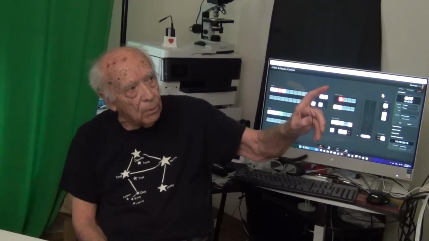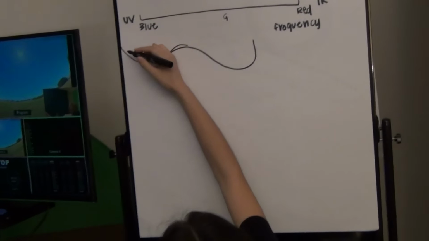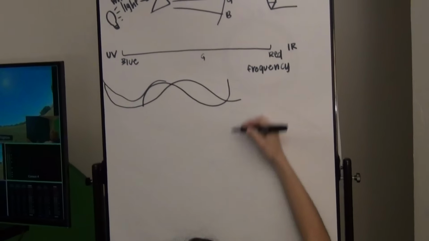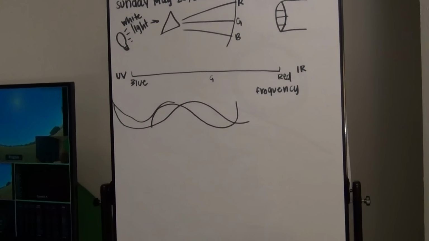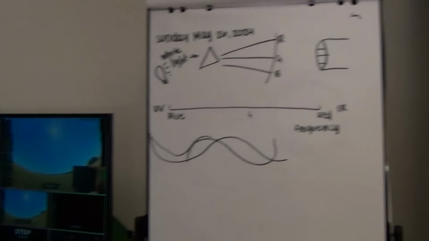Now start near the edge of the paper and start another one overlapping it. So this is what we see in RGB. Red, green, blue. And there's many other colors, but we're just going to zero in on the easier ones.